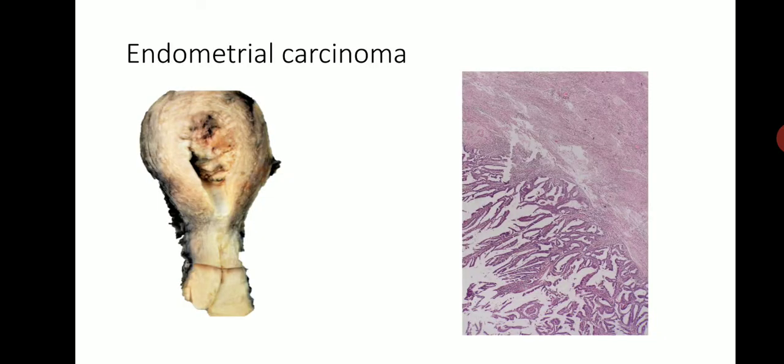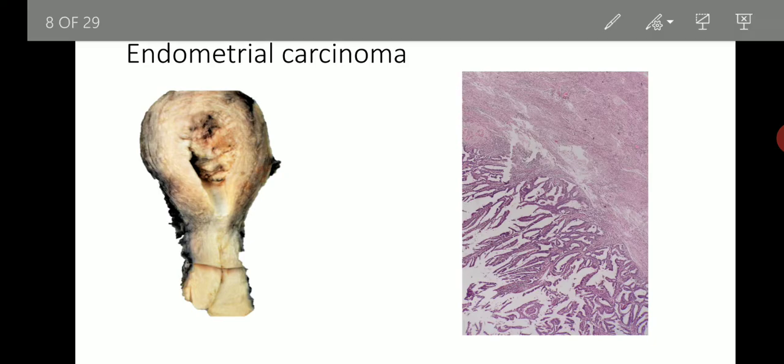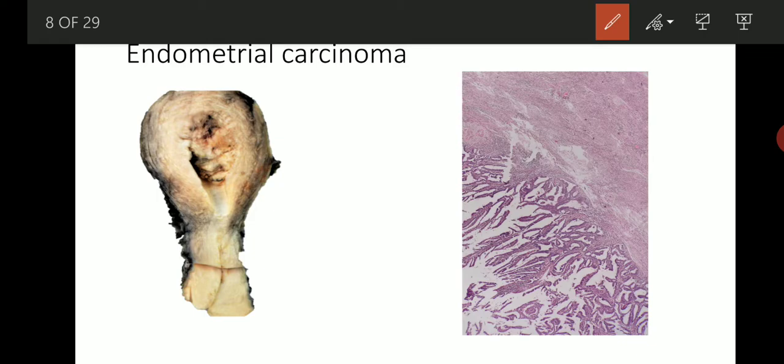Let us move on to some other pathology of the endometrium. The second most common thing that you will be shown is the endometrial carcinoma. If you look at this picture, this is a cut open uterus. This is the cervix.